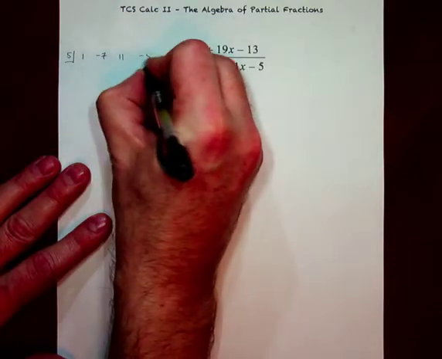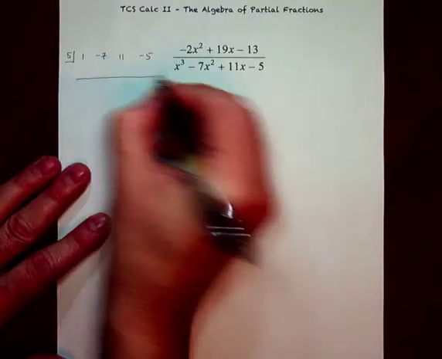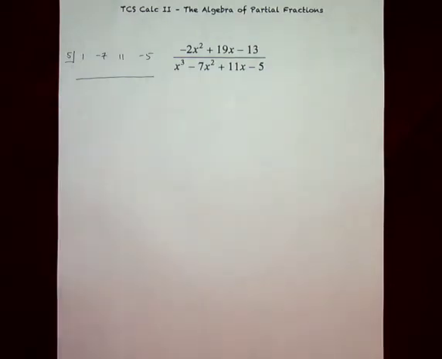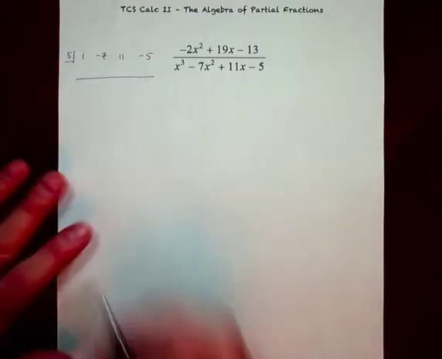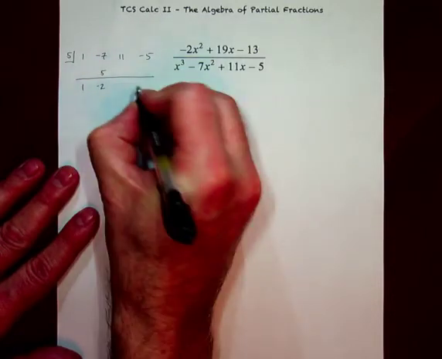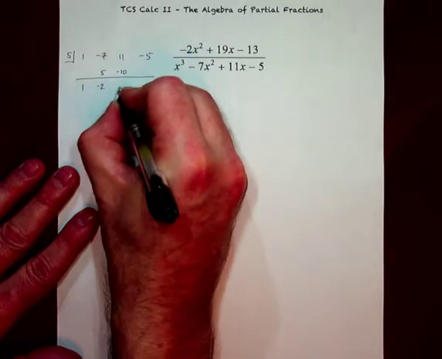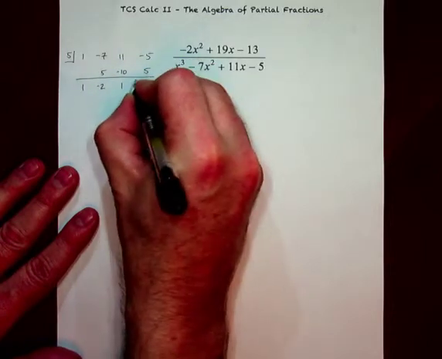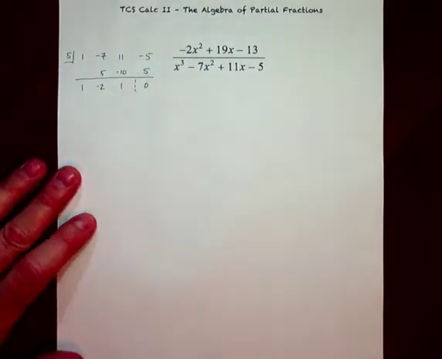1, -2, 1 and -5. And of course, by the factor theorem, if I get a 0 as a remainder, then it goes in evenly, and x minus 5 is a factor, right? So we'll bring down the 1, multiply it by 5, bring down the -2, multiply it by 5, bring down the 1, multiply it by 5, and oh my gosh, will you look at that, a remainder of 0.